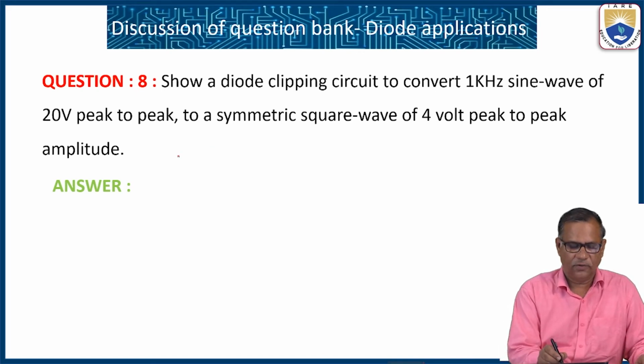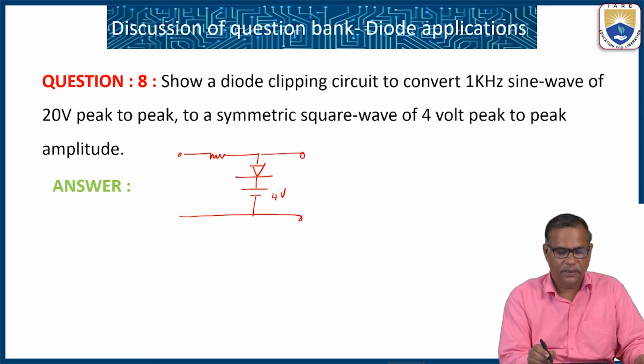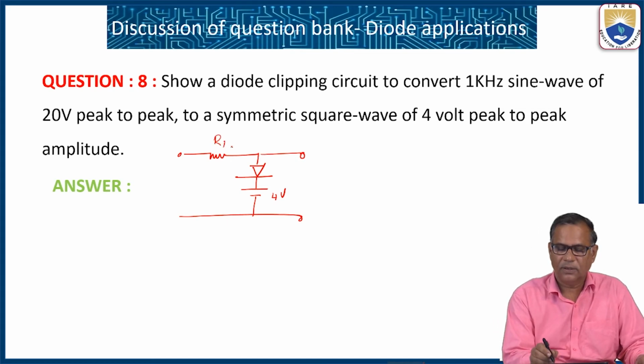So this is a positive clipper circuit using a diode. In this case, we give a voltage of 4 volts here, and let us call this resistance R1 and this resistance RL, and this is the input Vi.